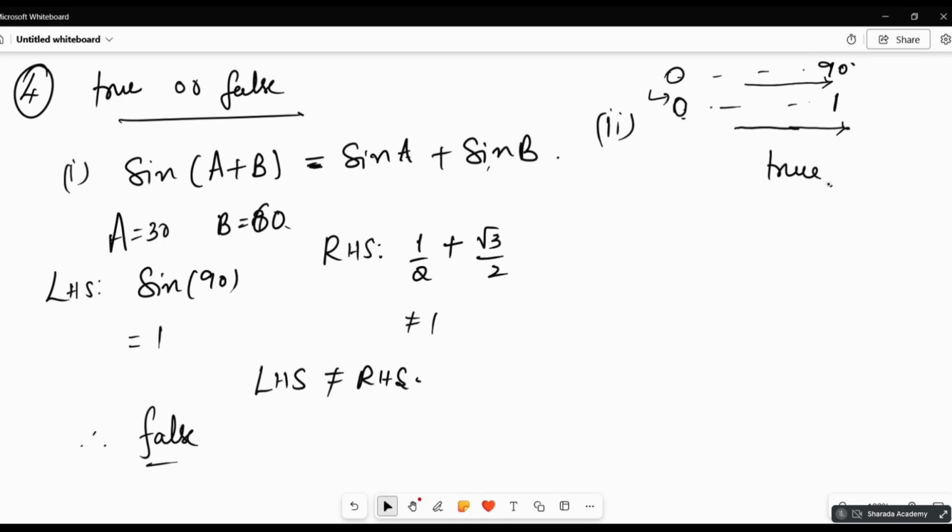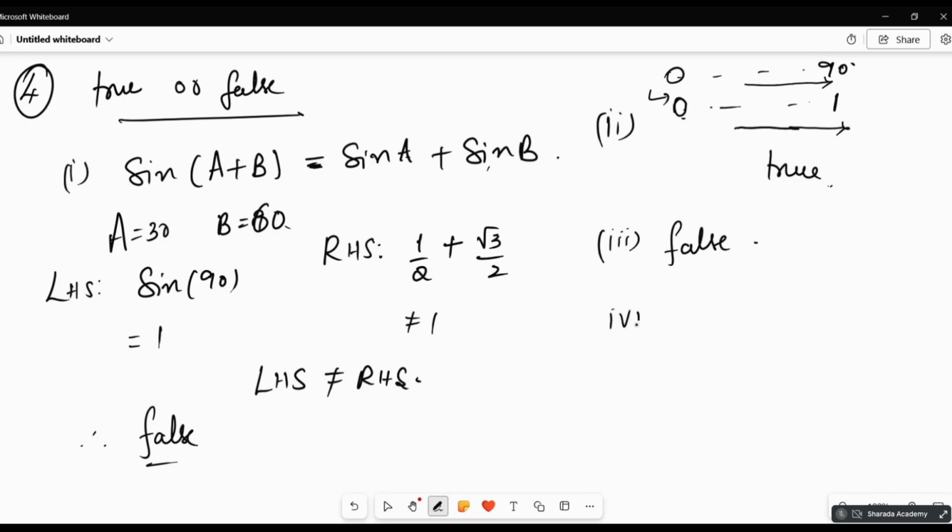Always remember, the sine function is an increasing function. Understood? Third one. What about the cos? It is false, because cos is decreasing. If you observe from 0 degree to 90 degree, it goes from 1 to 0. It keeps on decreasing to 0. So whatever he has given is false.